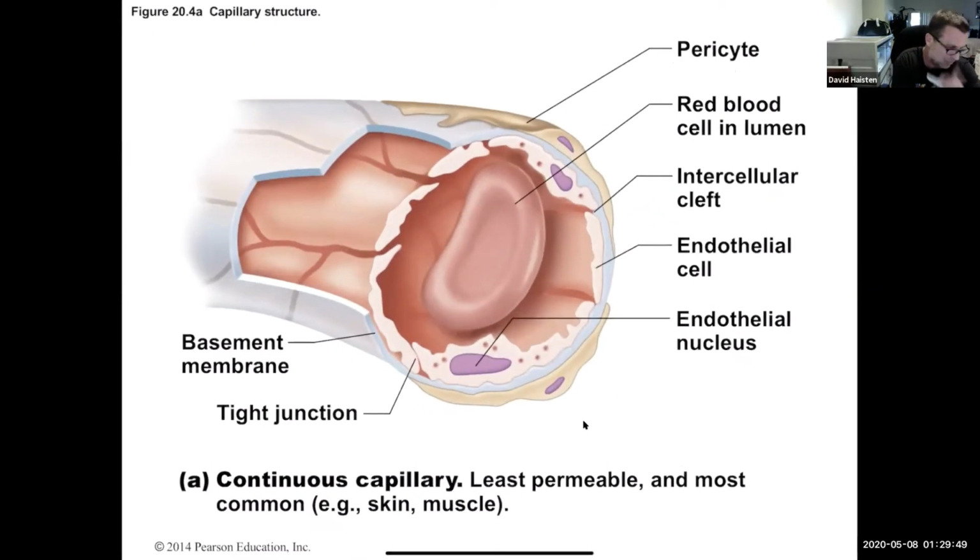So here you go. So we're going to see endothelial cell, and you have the typical tight junction, how they're tightly joined, but between some of the cells is an intercellular cleft. So this will allow molecules like glucose to move through, things like that.